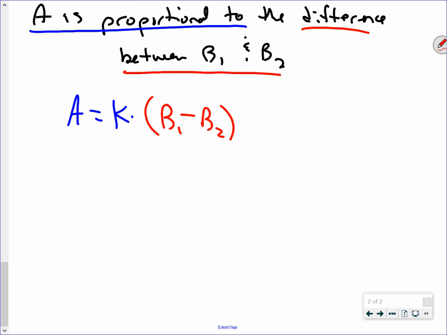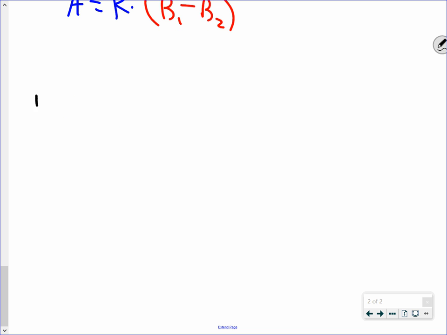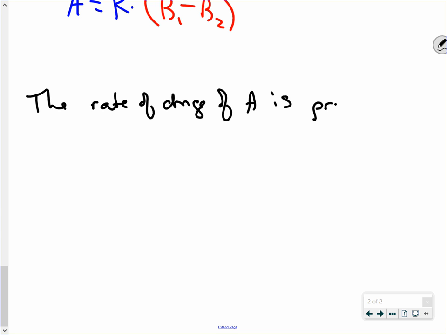And the reason I'm giving you these is they show up in some of your homework tonight, and you have to get the first statement right in order to do the second statement, which might involve taking the derivative of this. Okay? It's also possible that you'll see one that says the rate of change of A is proportional, or it might say inversely, to B. So we're going to start with this.